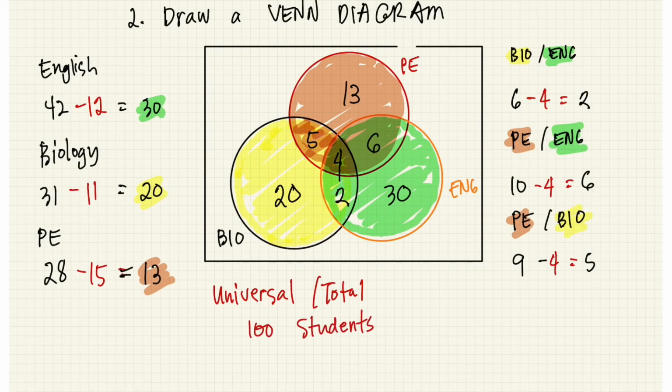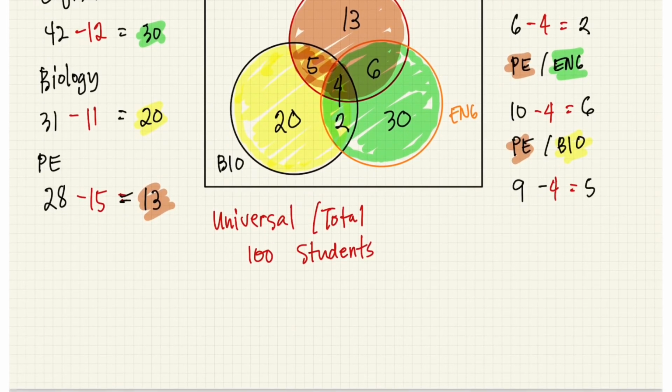Now to know how many students did not learn the 3 subjects, we're going to add 30 plus 20 plus 13 plus 5 plus 4 plus 2 plus 6.